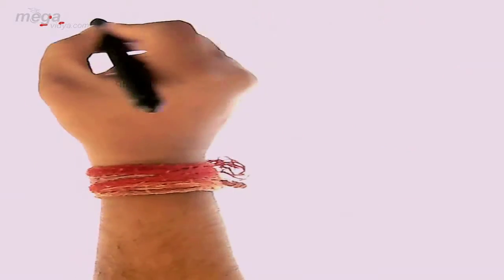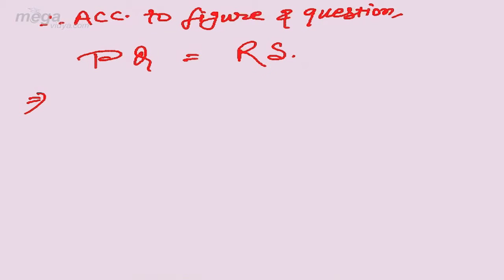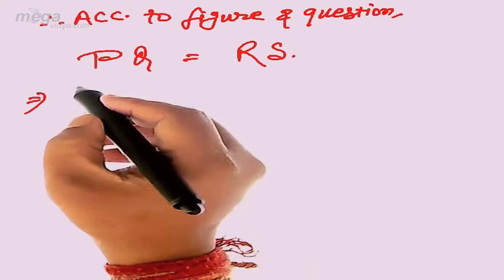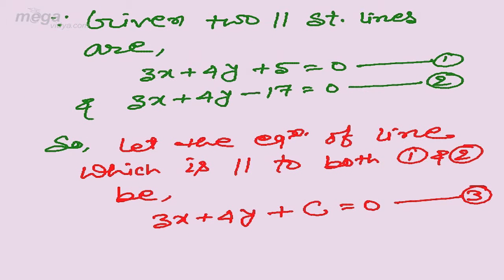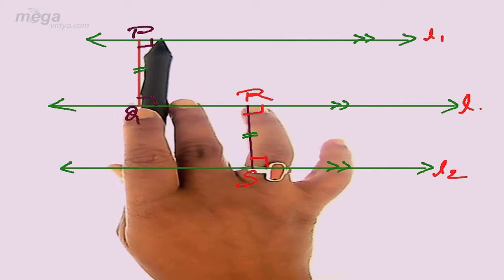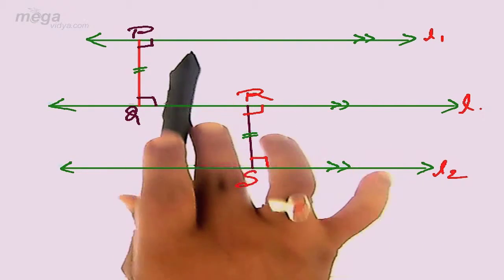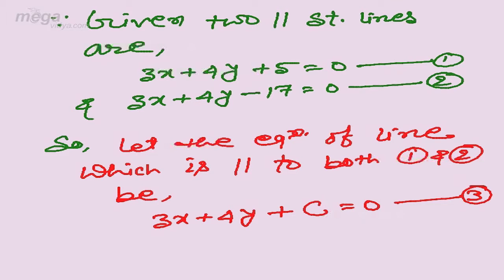So we'll use the distance between two parallel lines. Given PQ is equal to RS, we calculate PQ using the formula, mod c1 minus c2. To calculate PQ, the distance between L1 and L, the first line is 3x plus 4y plus 5 equal to 0 and the third line is 3x plus 4y plus c equal to 0.